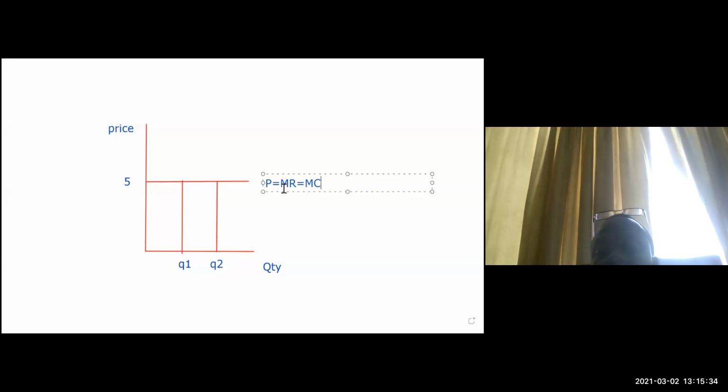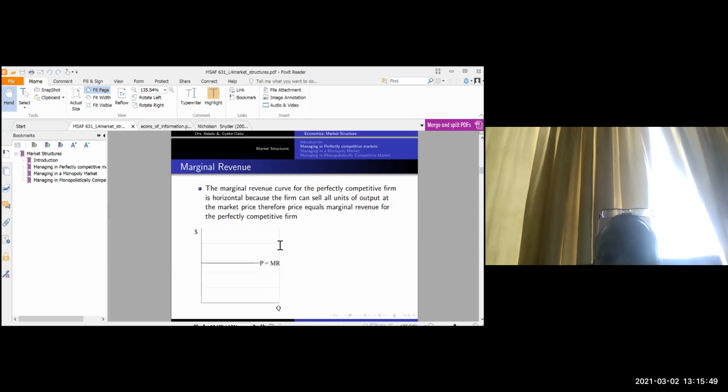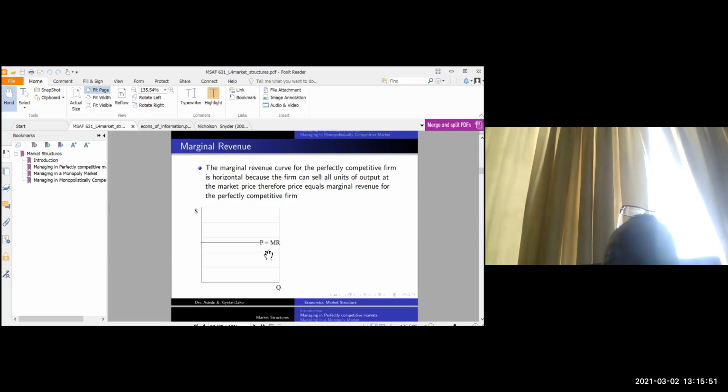So we are saying price equals marginal revenue, which also equals marginal cost. So you will not make so much here. How do you make money in a perfectly competitive market? Let's go back to the whiteboard.